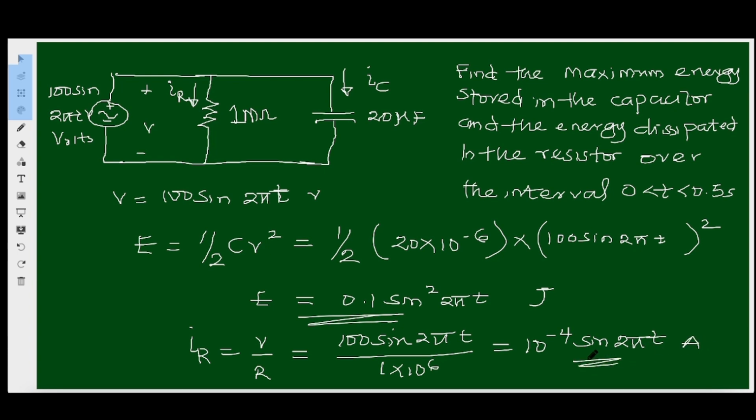So how do I get the power? The power is I squared R. Don't forget, P is equal to IV, and by Ohm's law V is IR, so multiplying by IR, it is equal to I squared R. So let's do that.